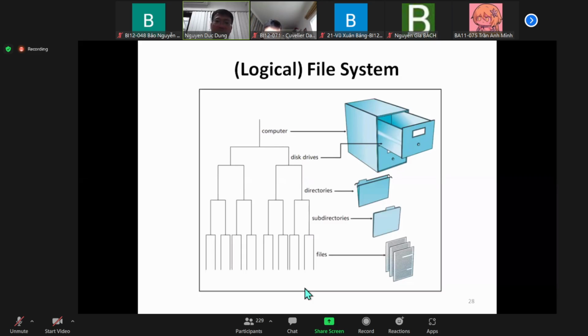In each directory, we have subdirectories, and at the final lowest level, we have different data files like text files or image files. This is a common way of storing our information.